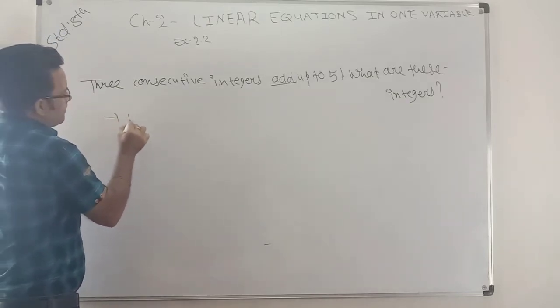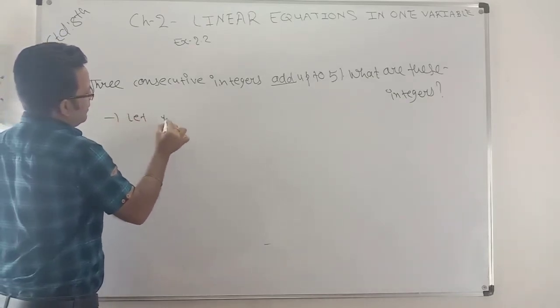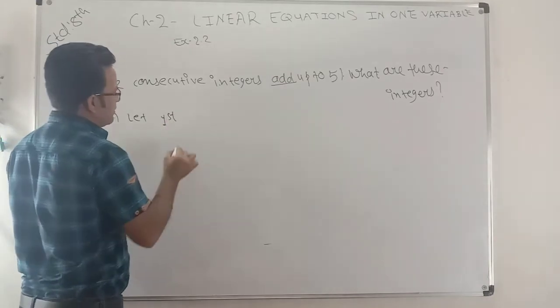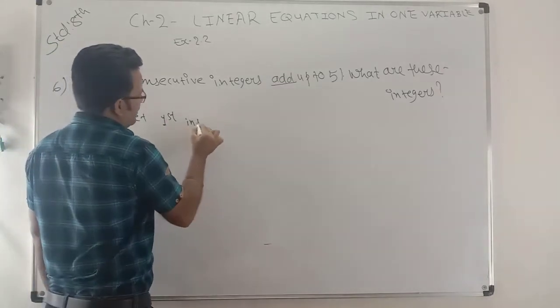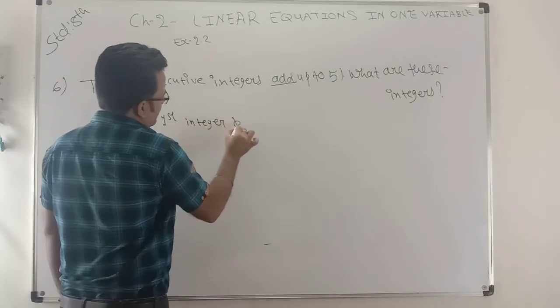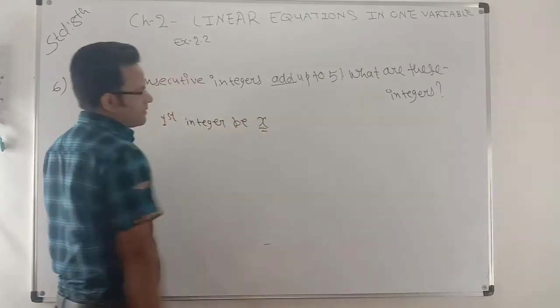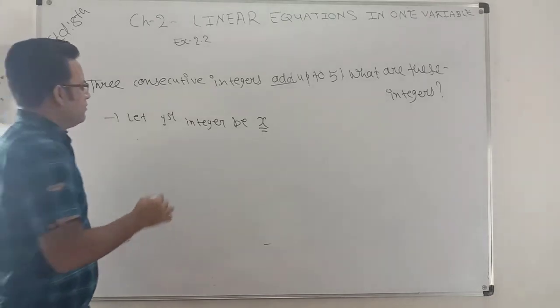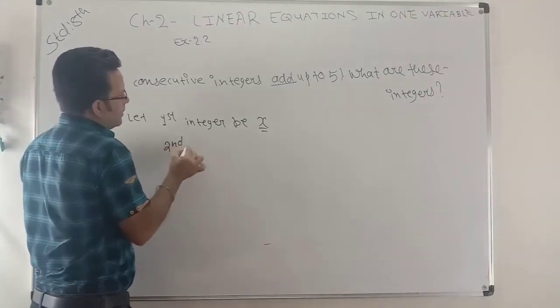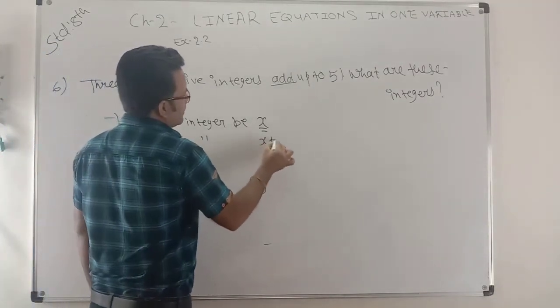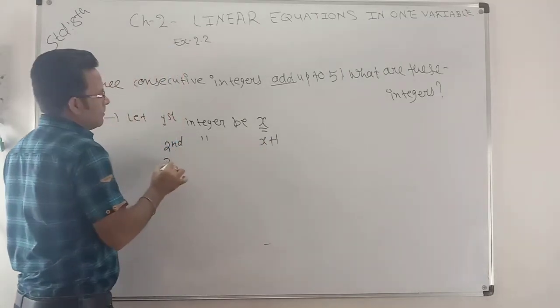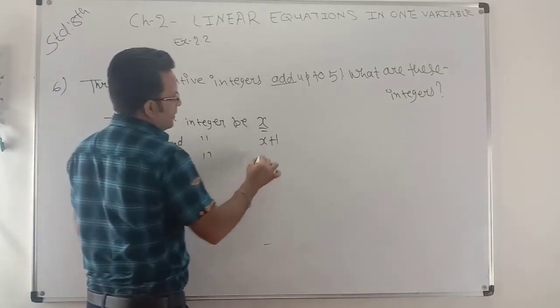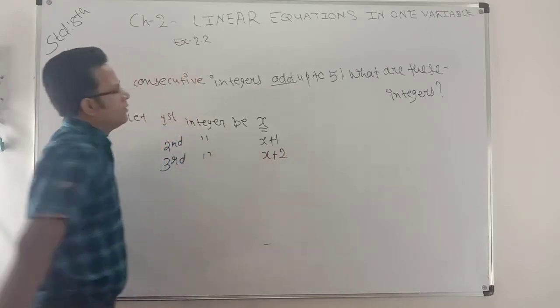So let first integer be x. Now consecutive, so you have to put plus 1, plus 2. So second will be x plus 1 and third integer will be x plus 2.